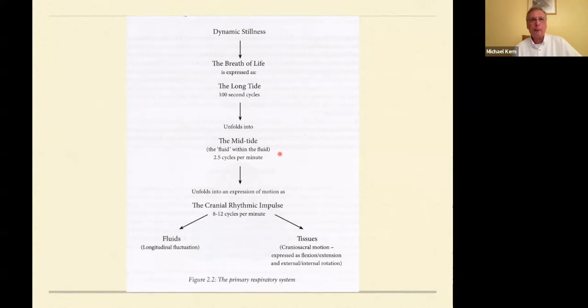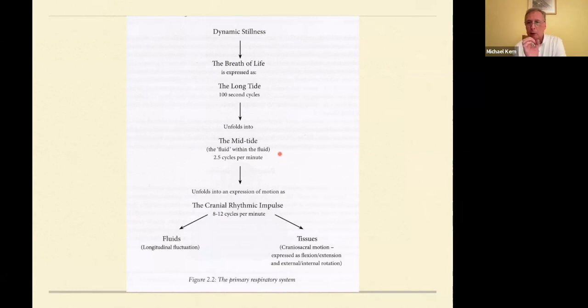Now, according to biologists, we are protoplasm. We're just more complex forms of protoplasm. Interestingly, there's also been a lot of research done within the field of fascia over the last 10 or 15 years.